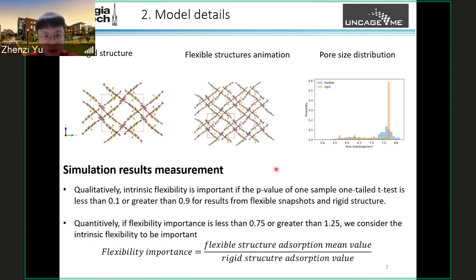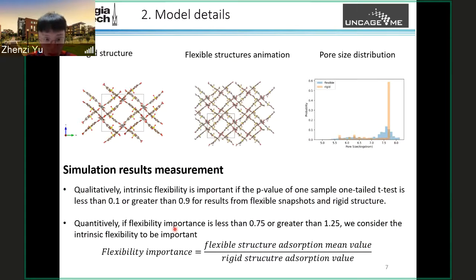So in terms of the simulation result measurement, qualitatively, the intrinsic flexibility is important if the p-value of a one-sample, one-tail t-test is less than 0.1 or greater than 0.9 for results from flexible snapshots and the rigid structure. This is, in other words, a statistical test of whether the rigid structure is statistically different from the flexible snapshots method result prediction.